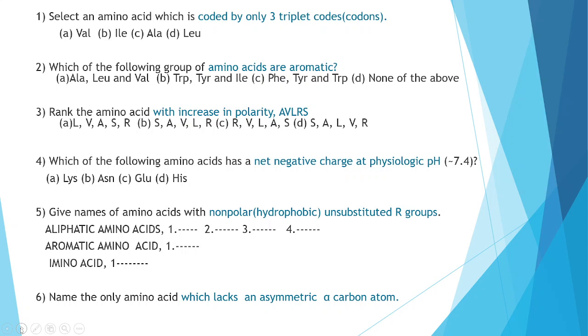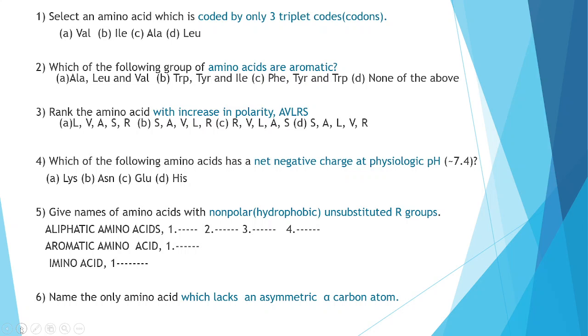Then, which of the following groups of amino acids are aromatic? I have already published my lecture on structure and properties of amino acids, and from that you will find out the answer of these questions. Next question is, rank the amino acids with increasing polarity, and amino acids are AVLRS.